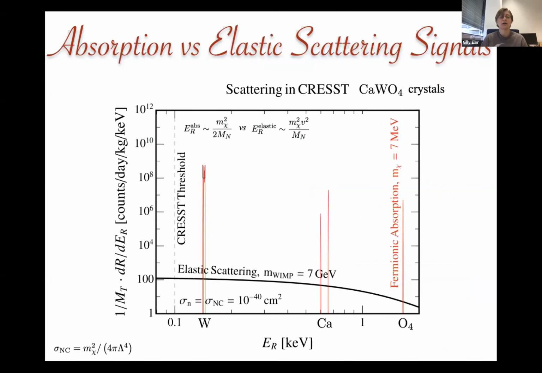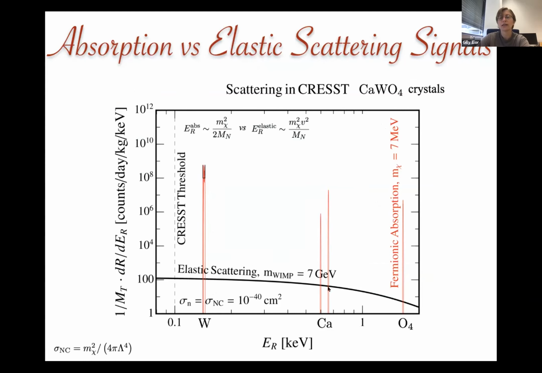So let me actually give you an example of what that looks like. In this particular case, I'm considering scattering in CRESST, which has this calcium tungstate crystal target material. This plot is the rate in counts per day versus the recoil energy. This black line is the normal elastic scattering WIMP cross section that you would expect for a 7 GeV WIMP.